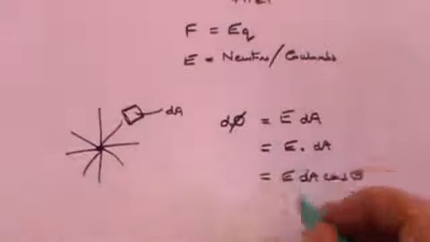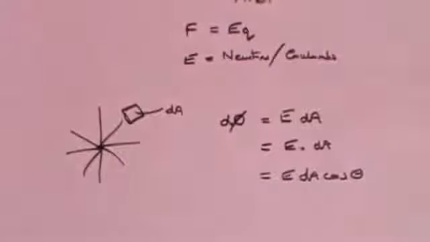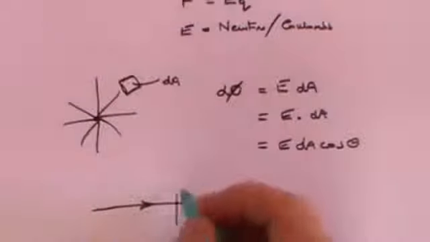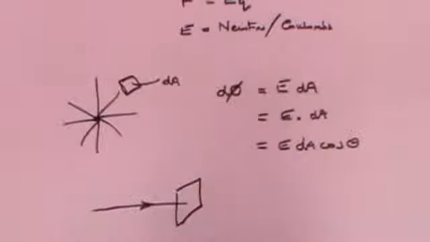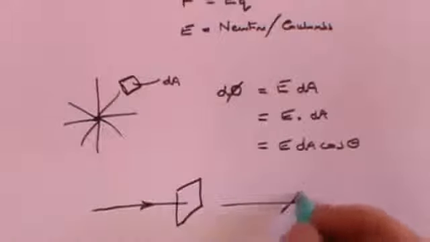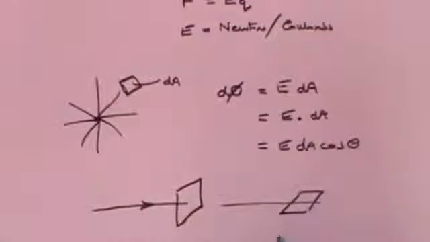And let me explain why we need that cosine term. You see, it all depends on the angle that the flux, or the E field, meets the window. Let's suppose that this is the E field in this direction. If the window is square on, in other words at 90 degrees, then the E field will pass through the window. If on the other hand the window is flat on, then no flux will go through the window, it just bypasses it.